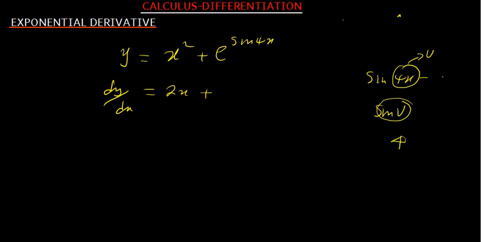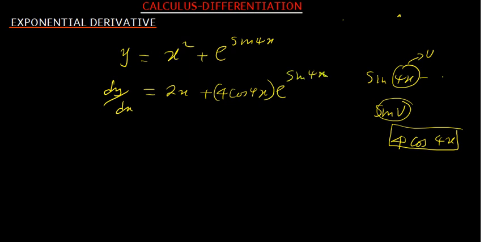If we differentiate sin, we get cos, but we're talking of cos u. Now we know that u is 4x. So this is going to give us 4 cos 4x. And now you write e to the power sin 4x like that. So that is going to be the derivative for this problem.